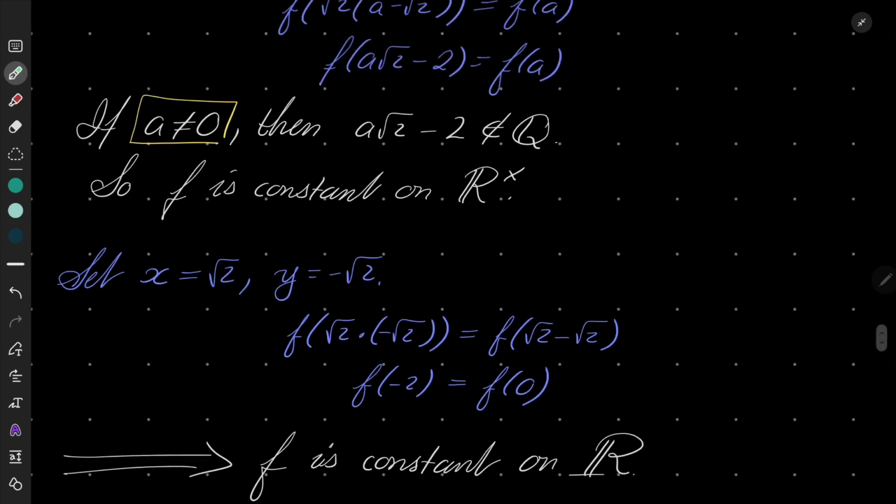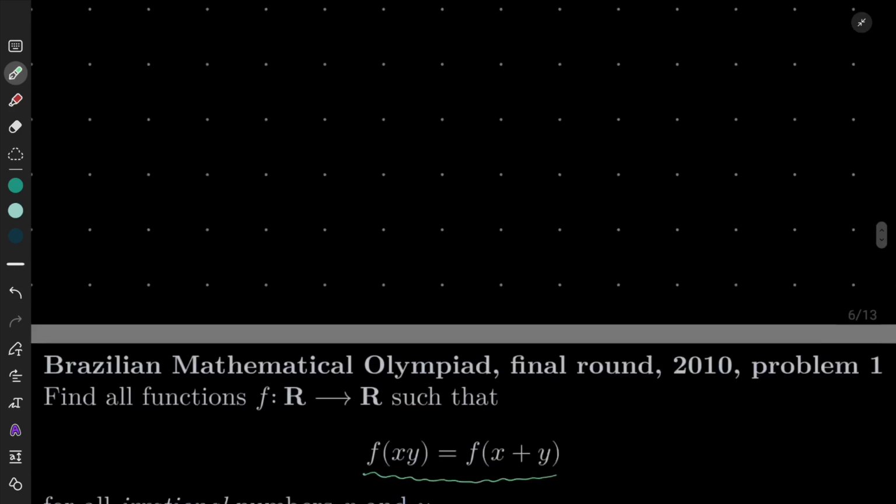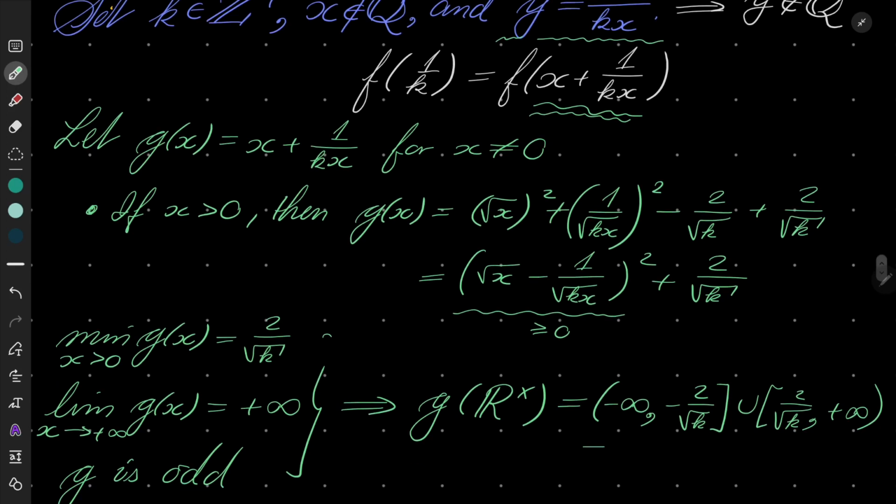So let's go once more through our reasoning. First of all, I have considered positive integers k, and I set specifically this argument y. Then I have investigated the range of this function. I have established that the range of this function is this sum of intervals, a union of intervals.